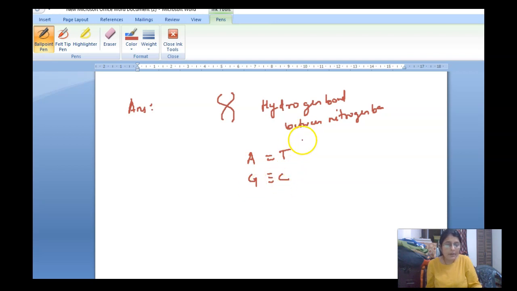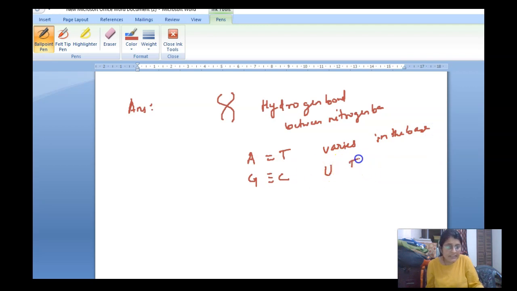Now when we talk about the difference between DNA and RNA transcripts, DNA and RNA vary in the nitrogen base. And what is the base that makes a difference? That is the presence of uracil.